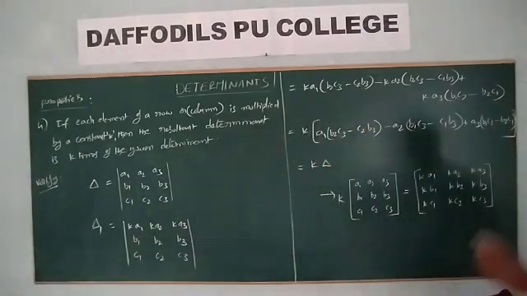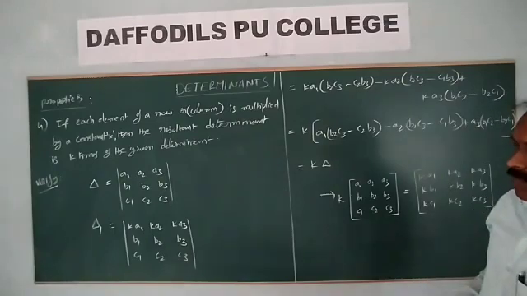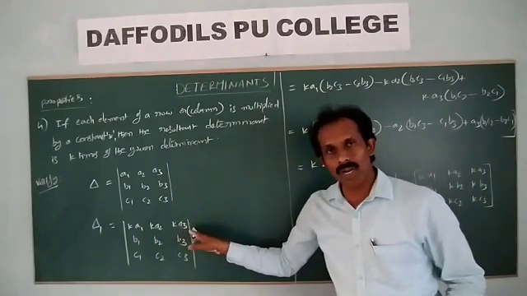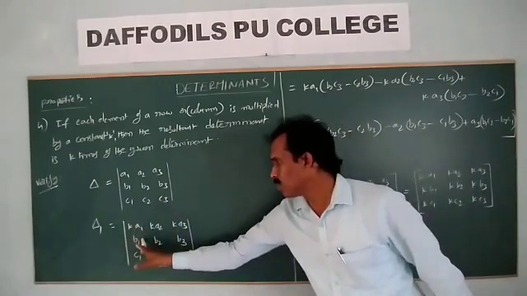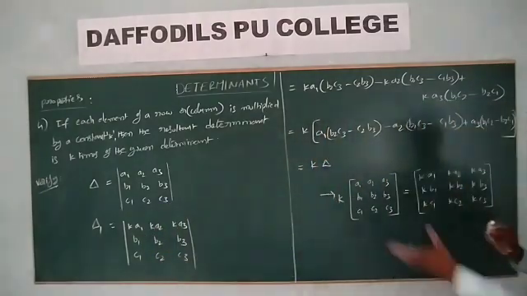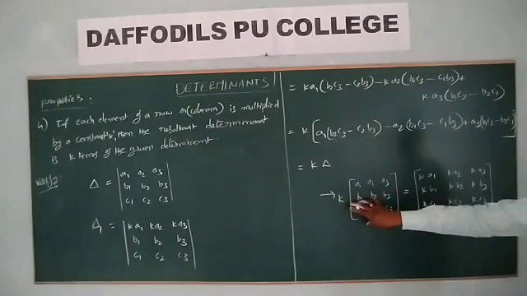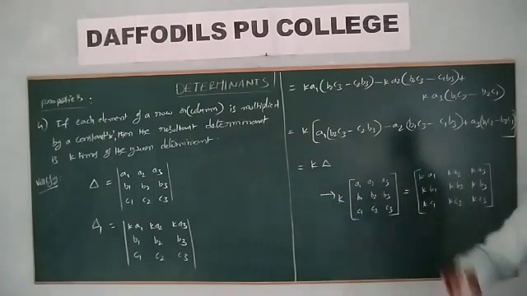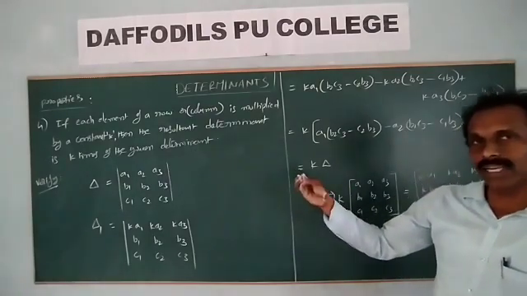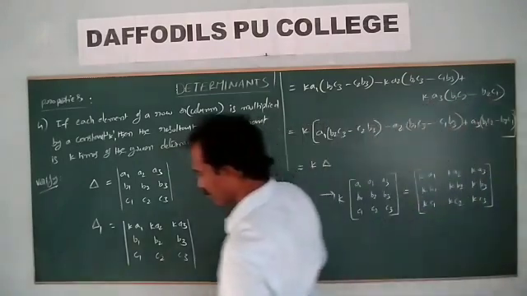In the same manner, taking out a common factor is possible only from one row or only from one column. That is the difference between determinant and matrix. This is an important point.